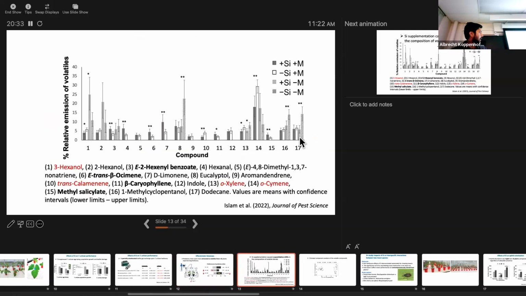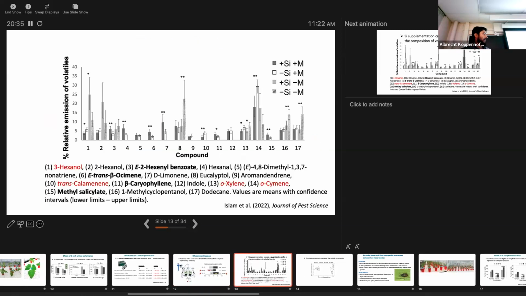So we also trapped the herbivore-induced plant volatiles emitted from different treatment plants, and we analyzed those volatiles using a GC-MS system.